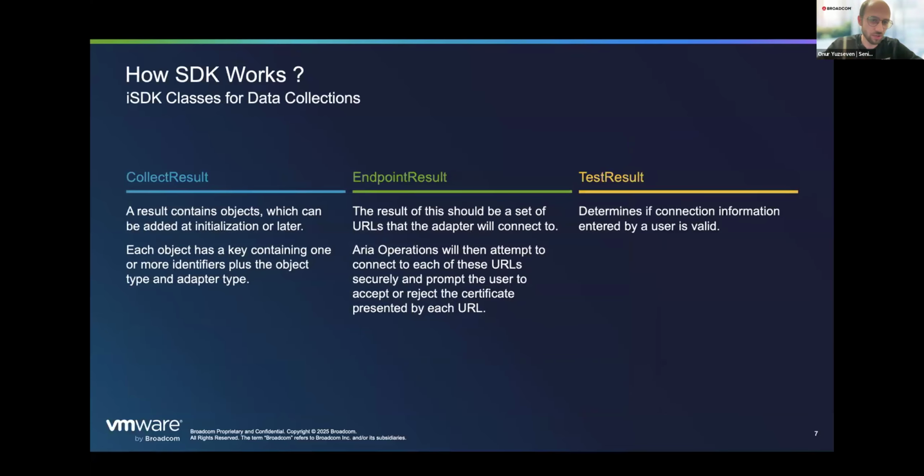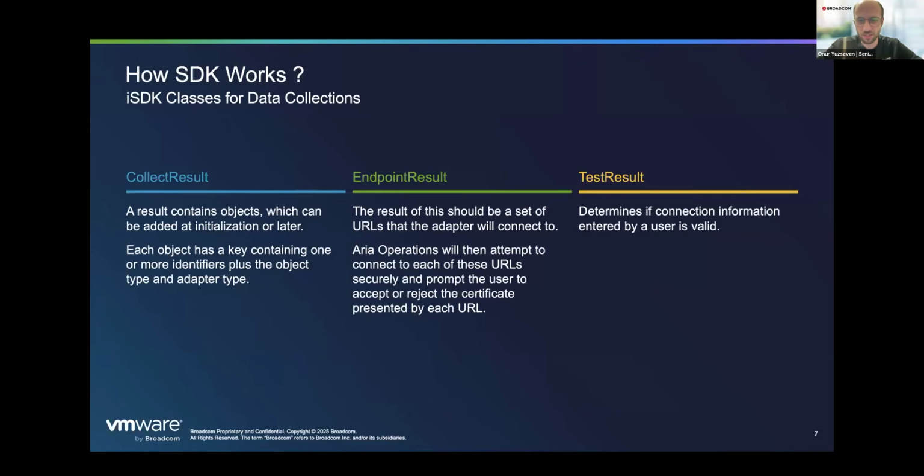So if you want to work with the SDK, actually we have only three main classes. The first one is the collection result. In this function, we define our object types, we define metrics, properties, or create new relationships between these object types. And all of this information needs to be located in the collection. After that, it will just pass every data into VCF Operations.